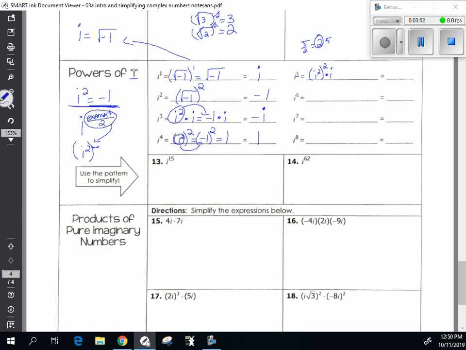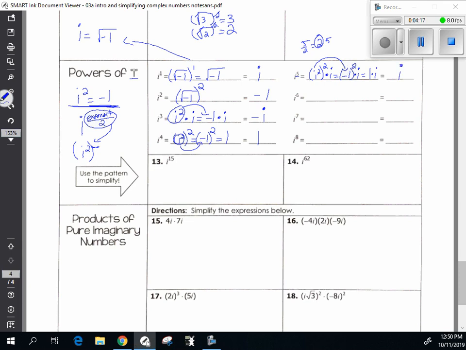So I'm just rewriting i to the 5th is i squared squared times i. I replace my i squared again with -1. Okay, -1 squared is 1, so this is just going to be 1 times i, which is just i.